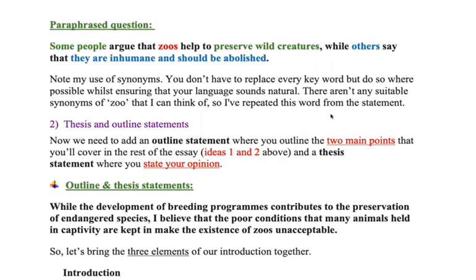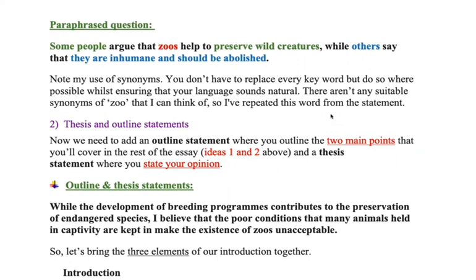I believe that the poor conditions that many animals are held in captivity, it is about cages in zoos. A zoo is about cages, okay, where they keep animals in. So captivity, animals are kept, and make the existence of zoos unacceptable.